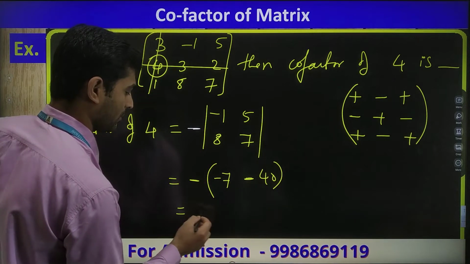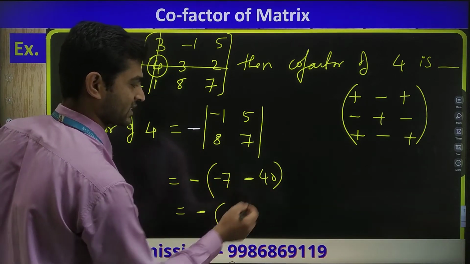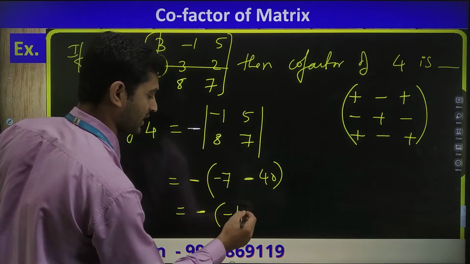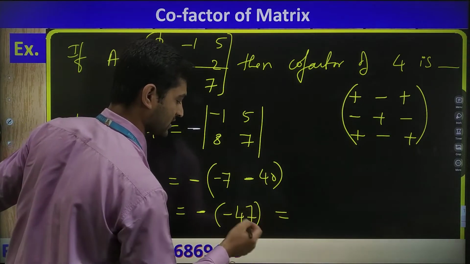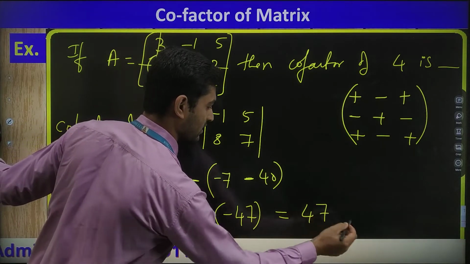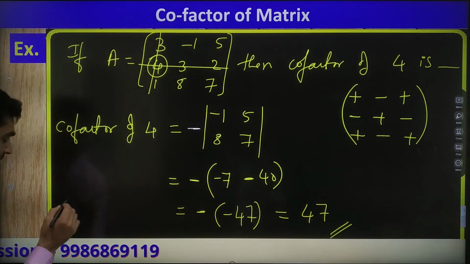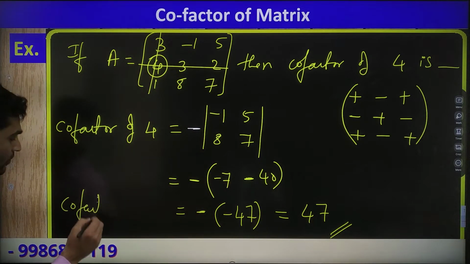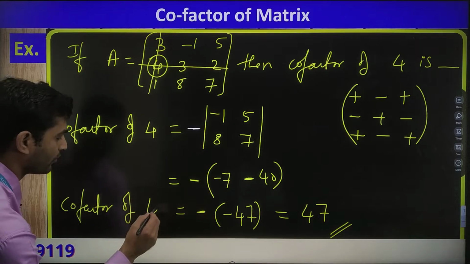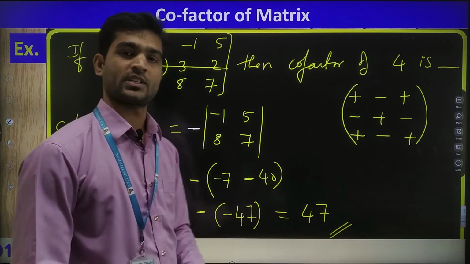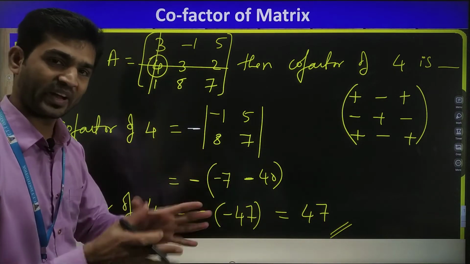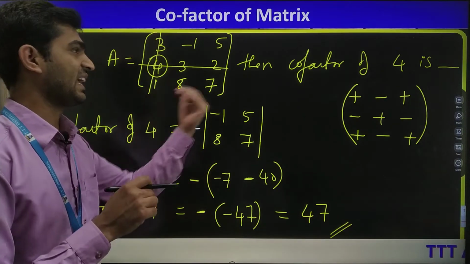So finally minus 7 minus 40 is minus 47. So the minus of minus 47 is plus 47. My final answer, the cofactor of 4, is 47. This way we can find the cofactor for any element.